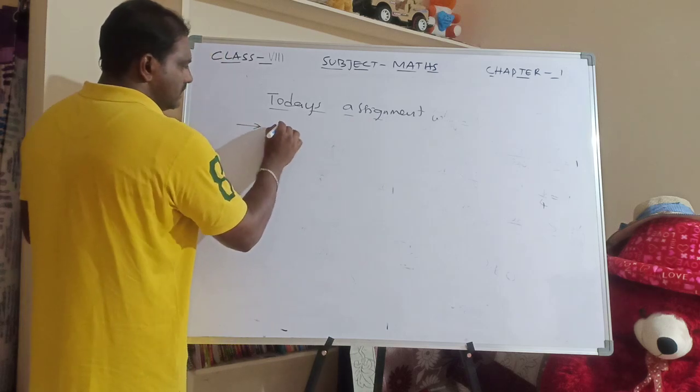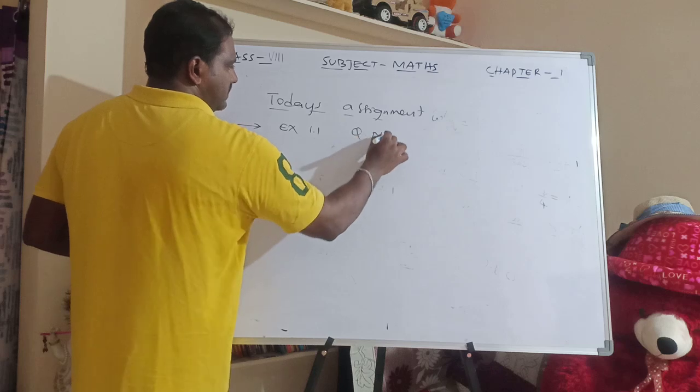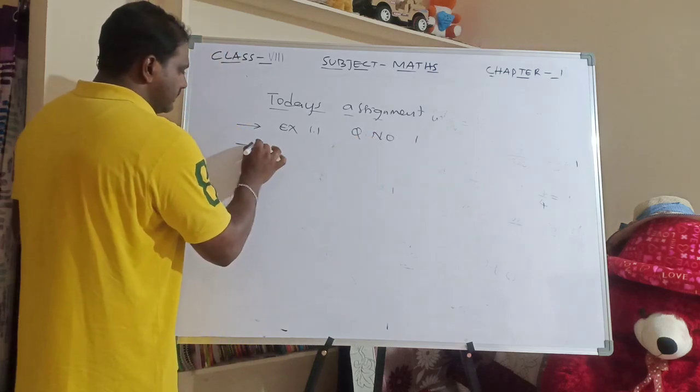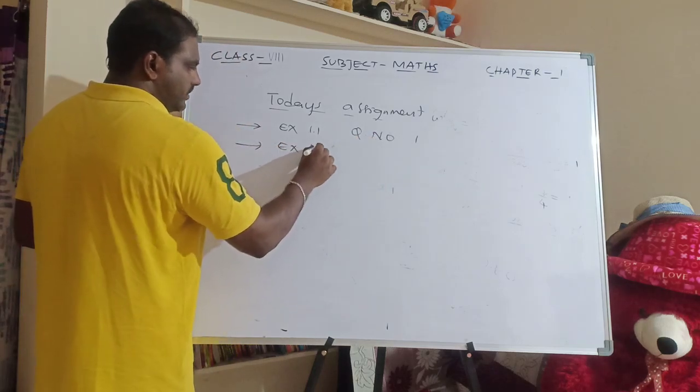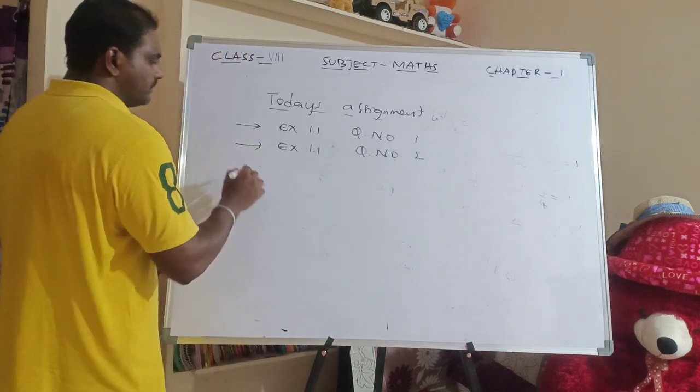First, exercise 1.1, question number 1. Second, we did the same, exercise 1.1, question number 2, that is bit number 2.